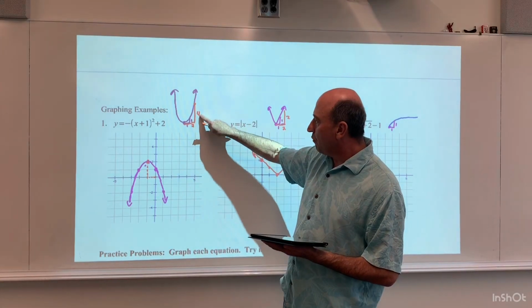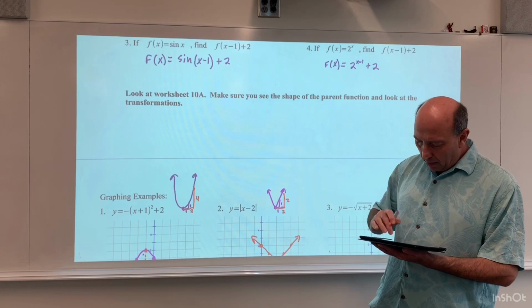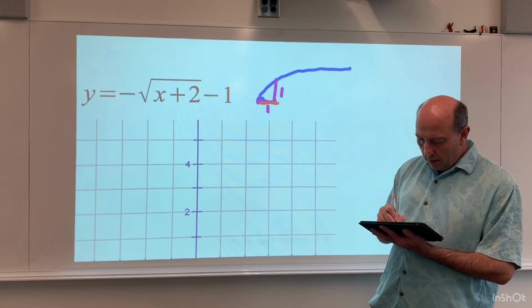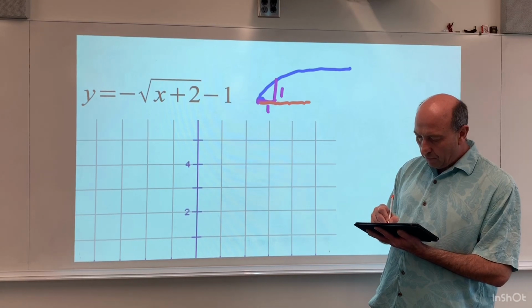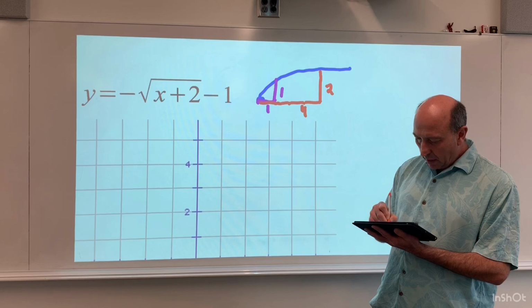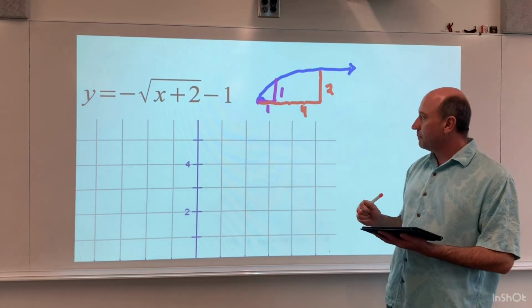So now it's over 4, up 2. So my next point on my parabola is over 4, up 2. That's the shape of my graph, half of a sideways parabola.